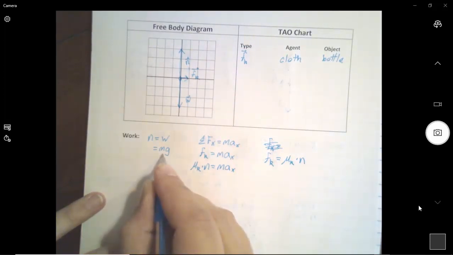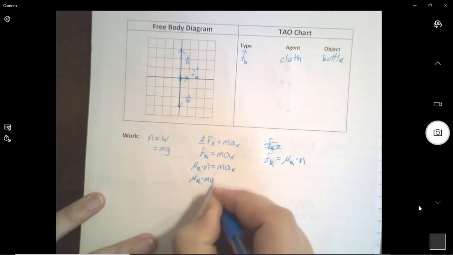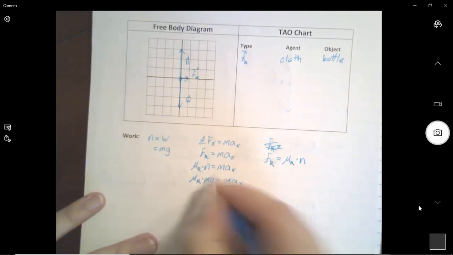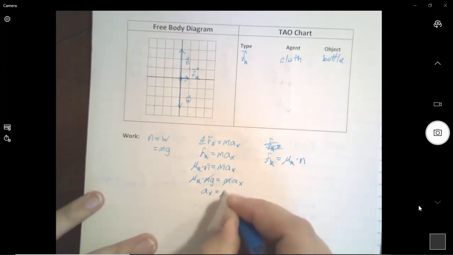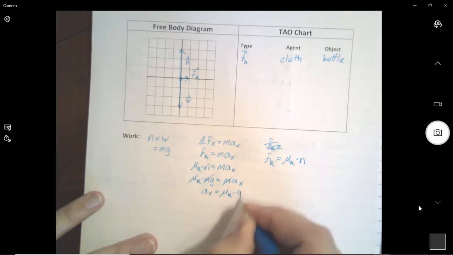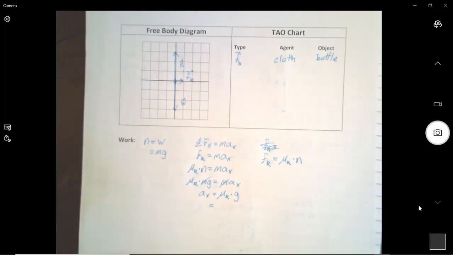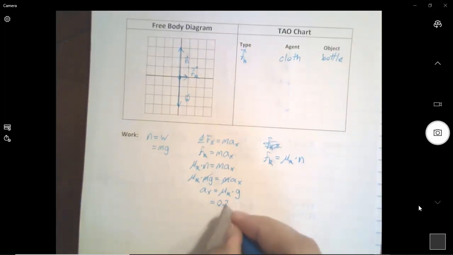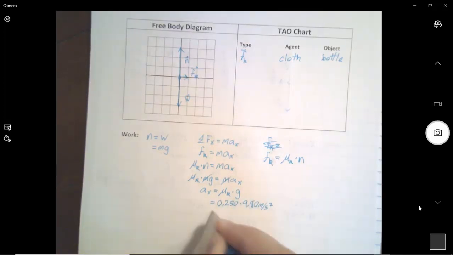We're going to plug in what we have for the normal force. We have mu k times mg is equal to max. The m's cancel out just like before. And we have the very similar solution, mu k times g. We know that mu k is equal to 0.250, times g, which is 9.80 meters per second squared.